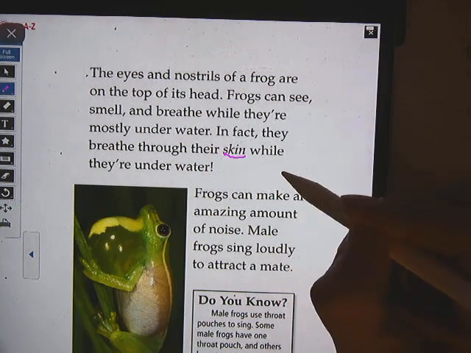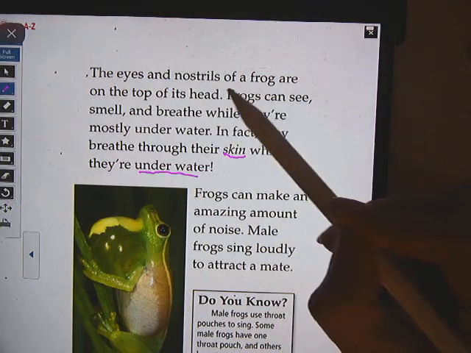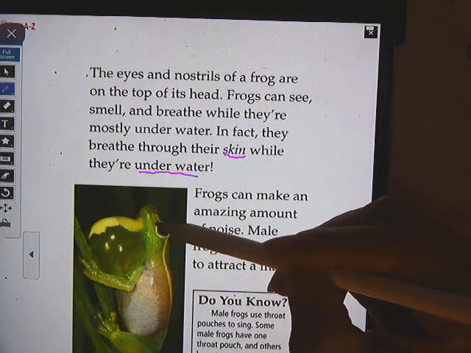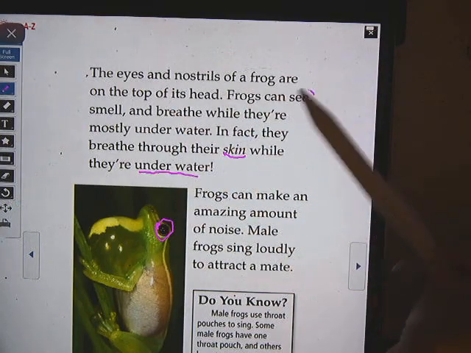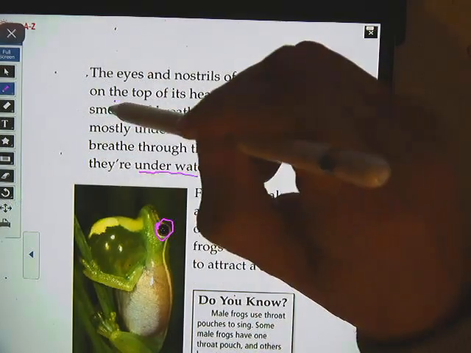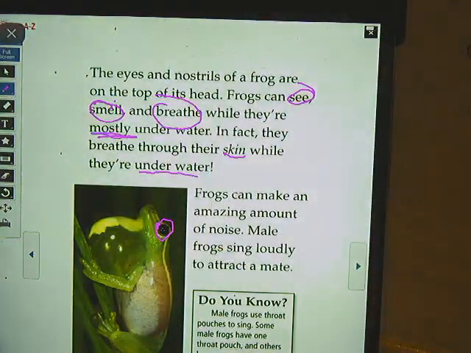No, out of their skin while they're underwater. So right here are their eyes. And they can see, smell, and breathe while they're mostly underwater. When we see that word mostly, that doesn't mean their entire body is under the water. Most of it is underwater.